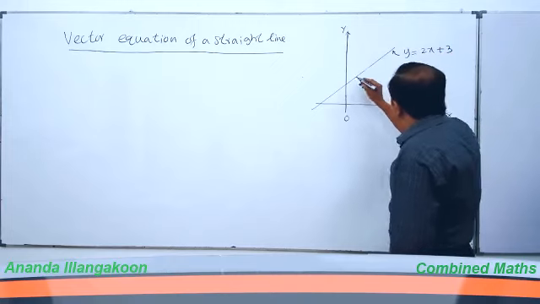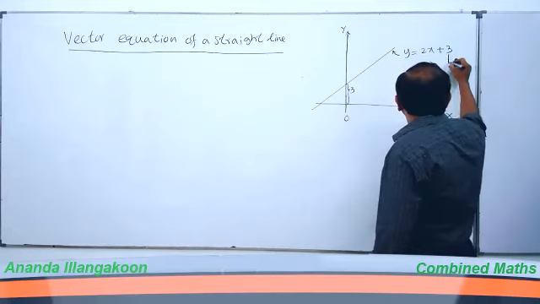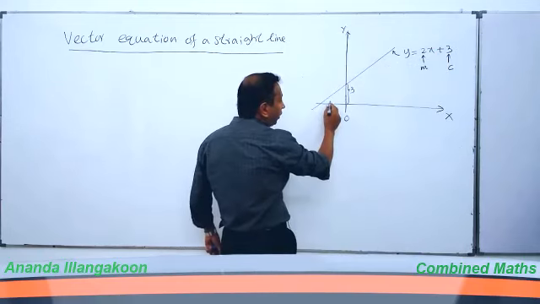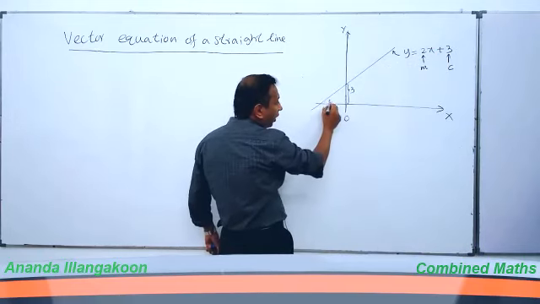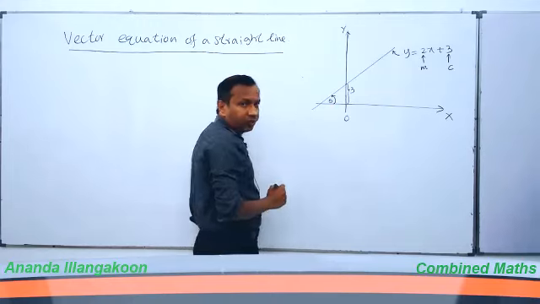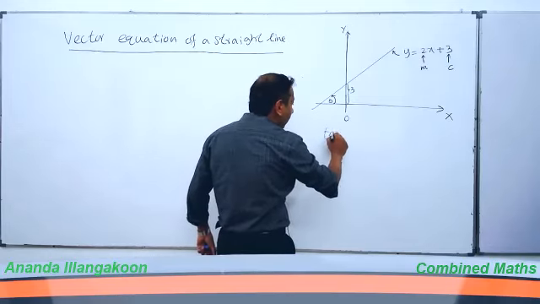This 3 is the intercept, meaning this height, denoted by the letter c. This 2 is the gradient, m. Gradient is defined this way: if this line makes an angle theta with the positive x-axis, measured anticlockwise, the gradient means the tan of this angle theta.